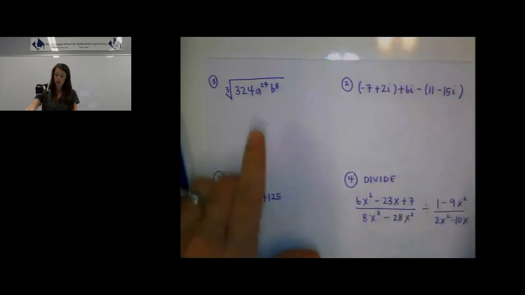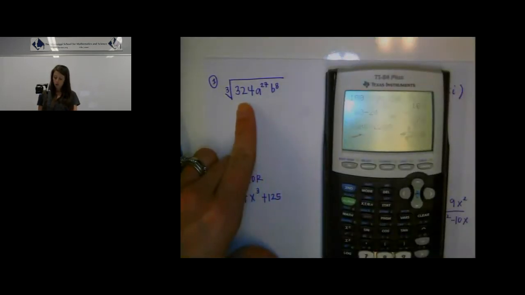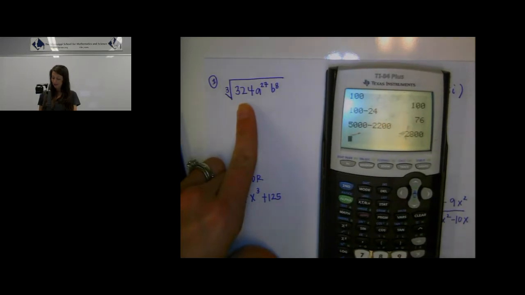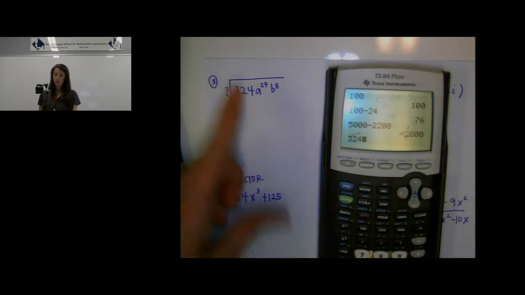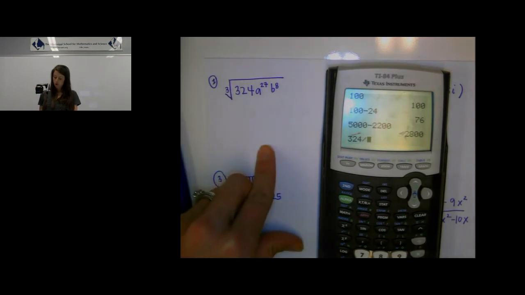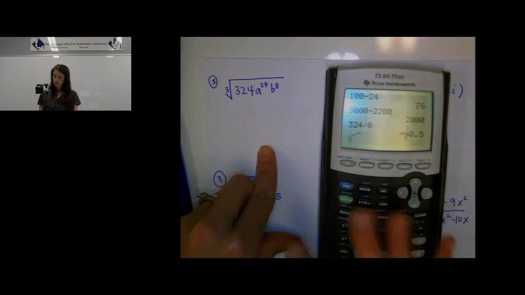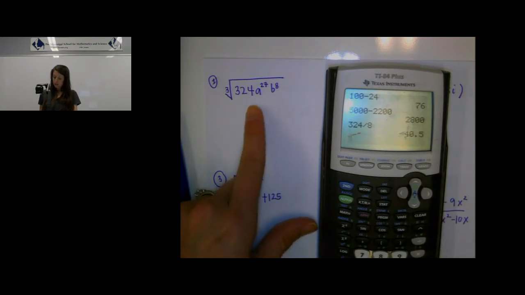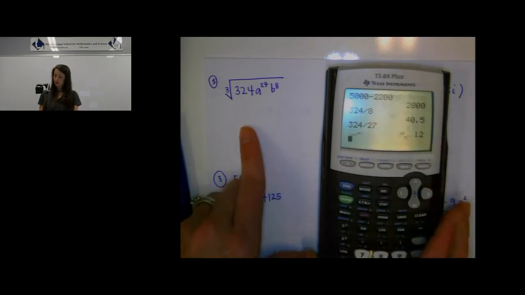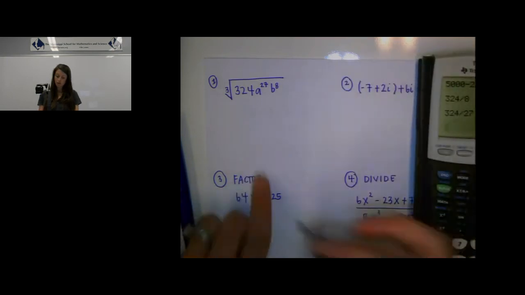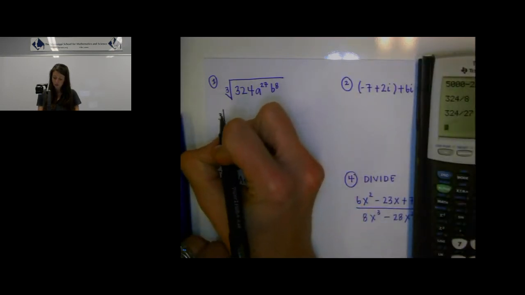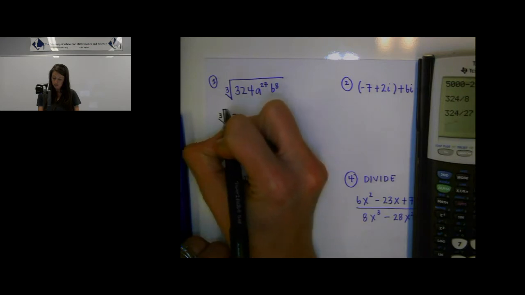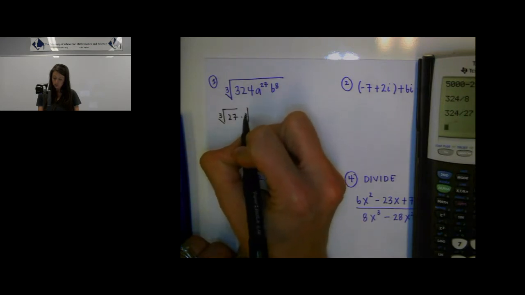So 324, what is a perfect cube? 8 is a perfect cube, right? 2 times 2 times 2. But 324 divided by 8 doesn't go evenly. What is another perfect cube? 27. 324 divided by 27 goes evenly right there. So 324 is going to be the cube root of 27 times the cube root of 12.